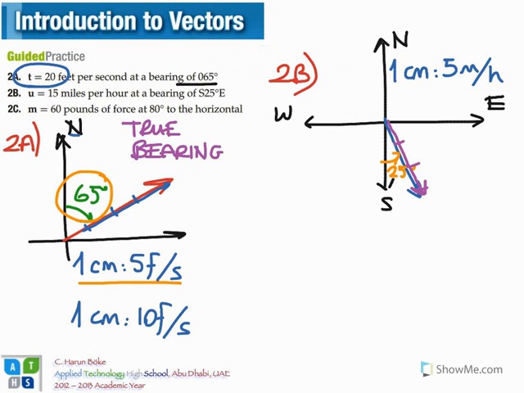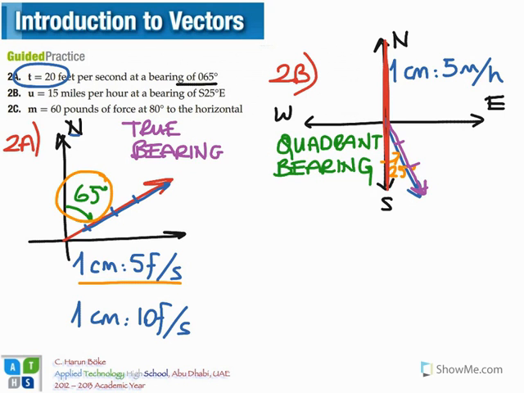Now this kind of bearing is called quadrant bearing, where you just define southeast or southwest or northwest, whatever. You're going to define which quadrant you're going to draw your vector, and then you measure your angle according to, this is very important, the vertical axis.